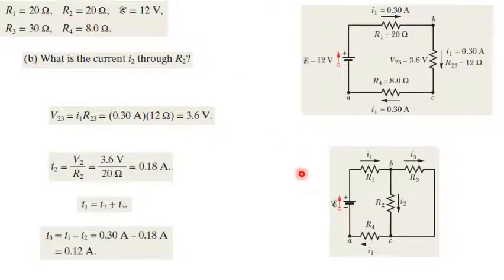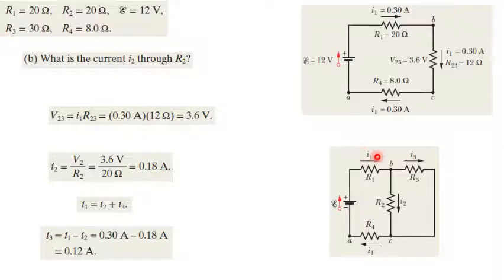The potential difference between the points B and C, which is V23, equals the current I1 multiplied by R23. We have calculated this as 3.6 volts, and then we say that I2 is the potential V23 or VBC over R2. So this would be 3.6 volts over 20 ohms. It is 0.18 amperes.